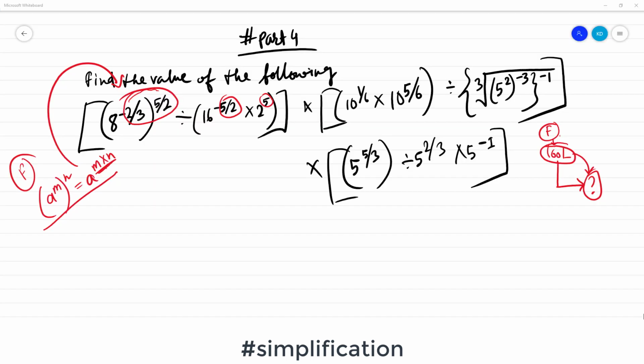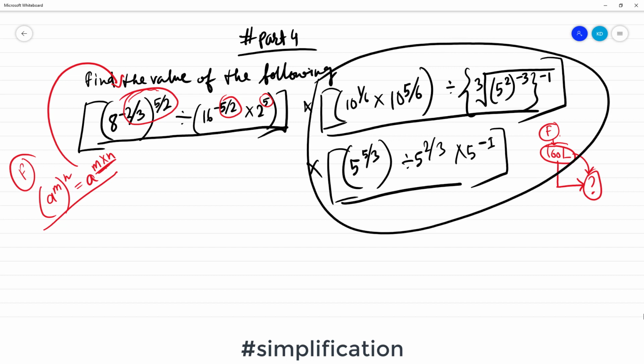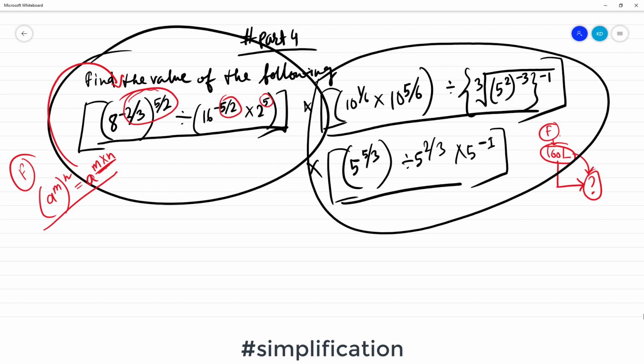So look at this problem. First of all, what we need to do is separate these two things for simplification. First, so that we can understand what we are doing here, I'm going to separate these terms, this one and this one, as two terms.